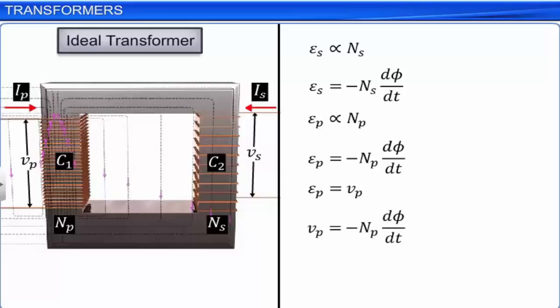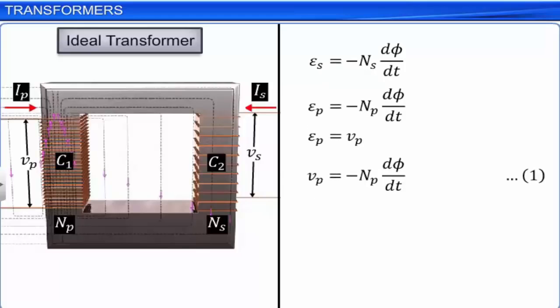If the current taken from the secondary coil is small, as it is an open circuit, then, to a good approximation, we get induced EMF ES equal to voltage across the secondary coil Vs. Hence, we have Vs is equal to minus Ns into d phi by dt. Let this be equation 2.